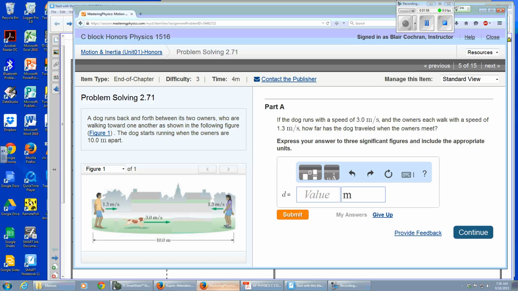And then they're asking about how far the dog traveled when the owners meet. So, is that the dog's distance or displacement? How far he's traveled? Distance.